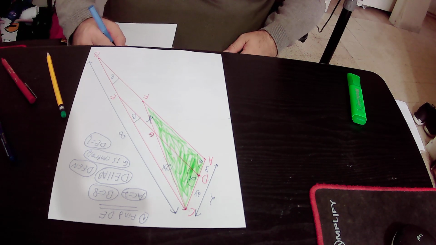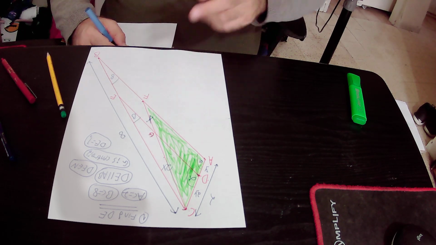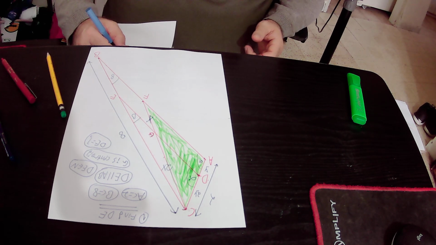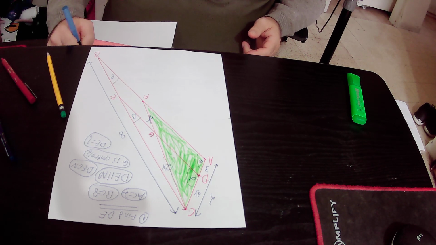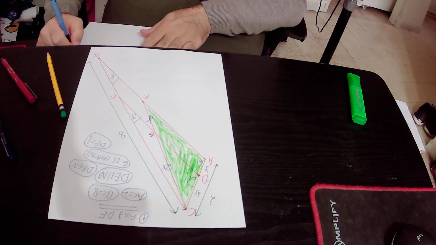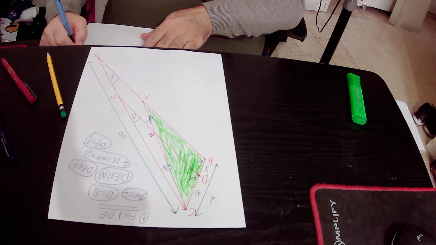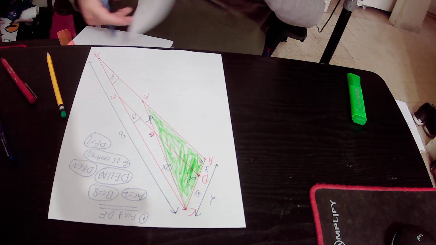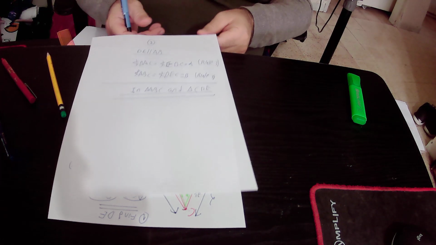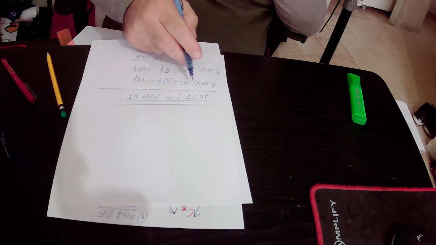So we actually will prove that both those two triangles are similar to each other. Again, we'll focus on triangles ABC and CDE.